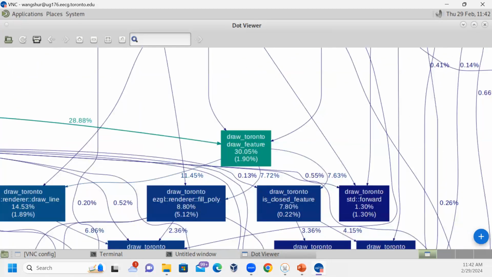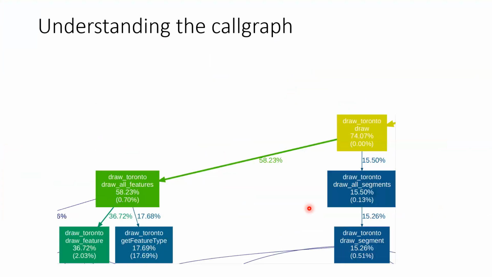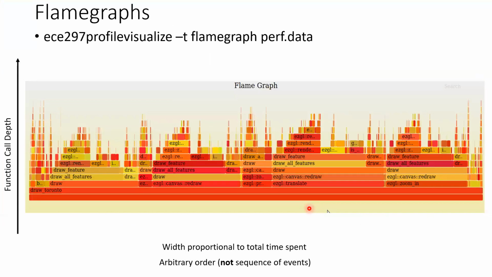So that was the call graph. The call graph will have colors on where everything is spent. And we can also visualize it as the flame graph, like this. It will be a similar command with an extra -t flamegraph to see the flame graph from your perf.data file.